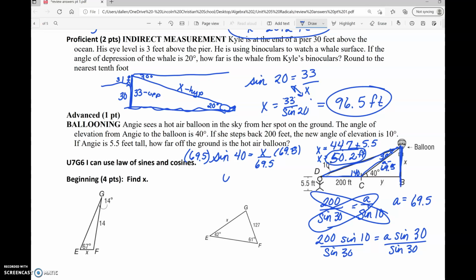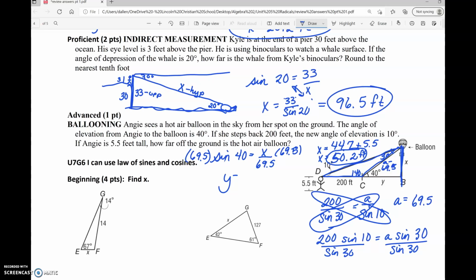And then y would be the same thing. We'll use the 69.5, but this y would be adjacent, so we would go cosine 40 equals y over 69.5, and then multiply both sides by 69.5. Then you find y, but technically you only want how far it is from the ground, so this x is the technical one.